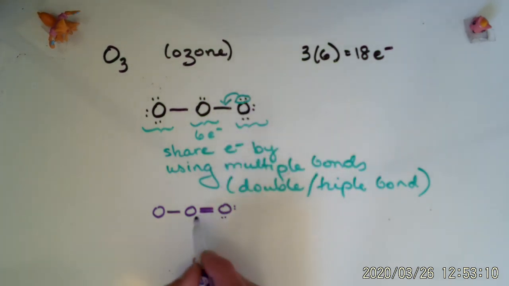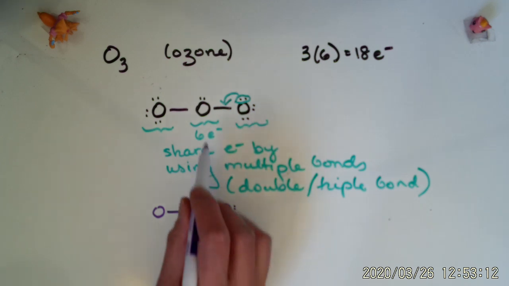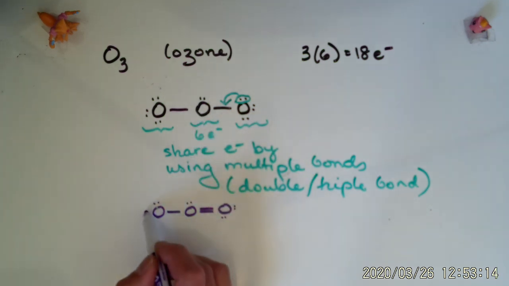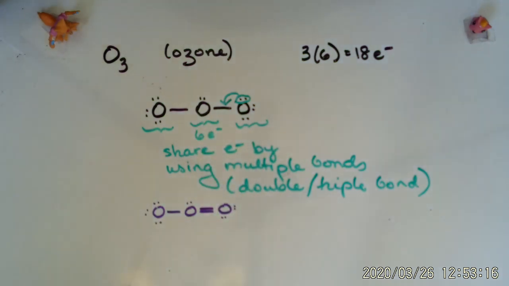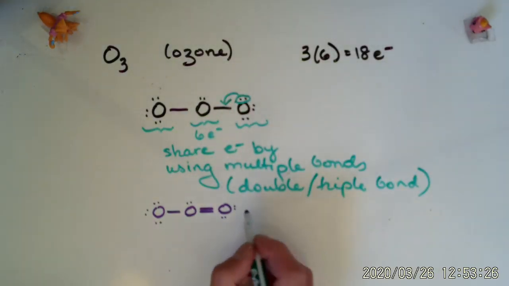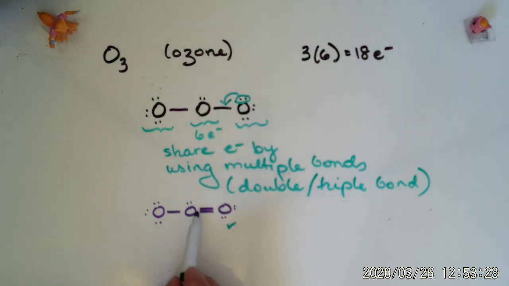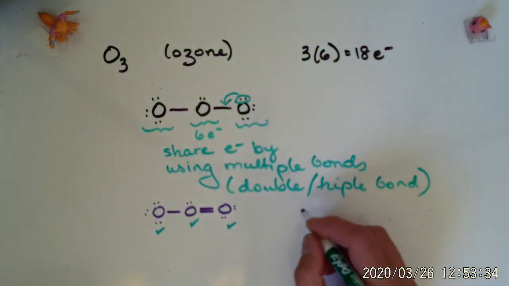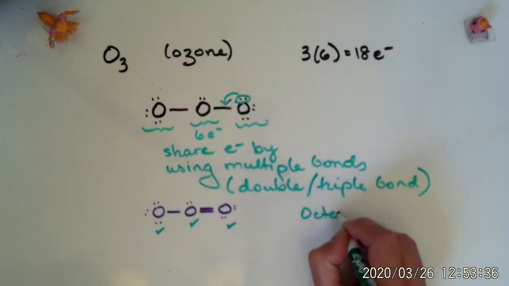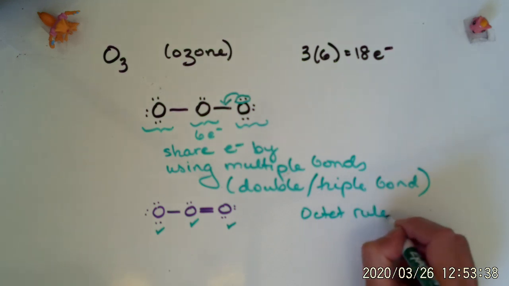These 2 electrons became this bond. I have a lone pair here, I have my lone pairs here. Okay, so now that we have ozone, let's double check my octets. 2, 4, 6, 8. That's good. 2, 4, 6, 8. That's good. 2, 4, 6, 8. That's good. So my octet rule is satisfied.